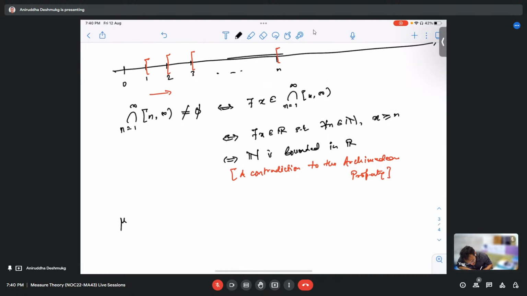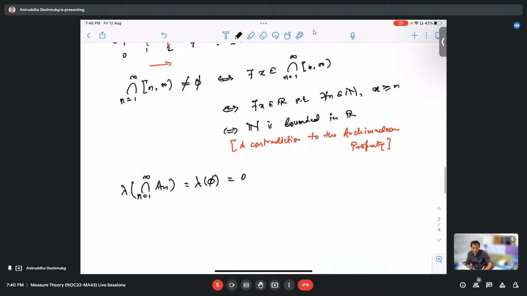So what can you say about the mu, or rather the length, of this intersection? The length of the intersection of A_n is the length of the empty set. And what is the length of the empty set? 0. On the other hand, what is the length of each A_n, that means the length of each of these intervals n to infinity?